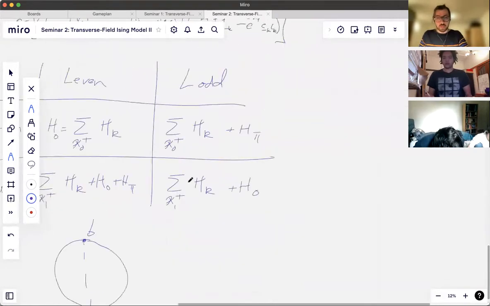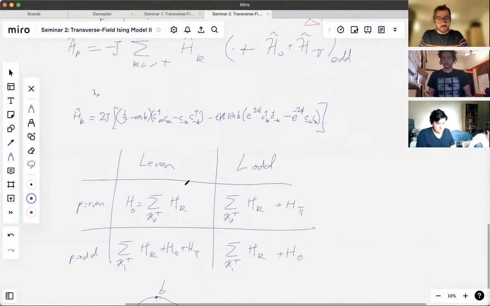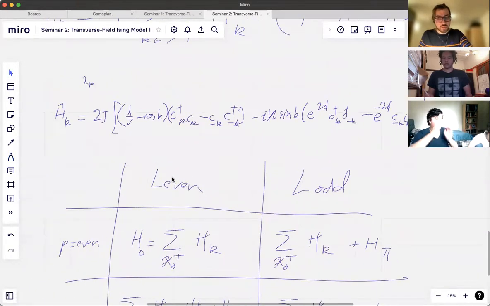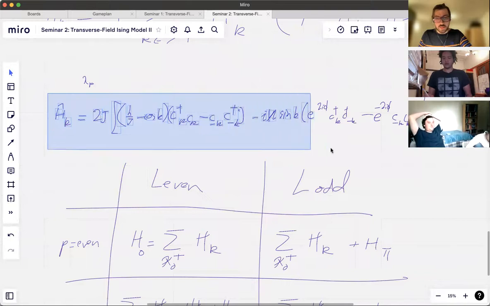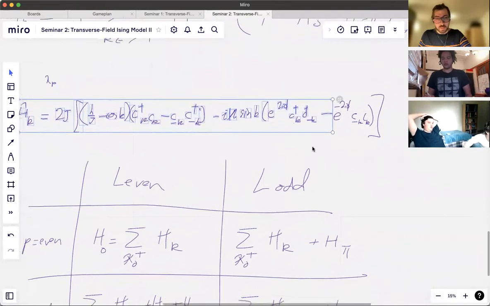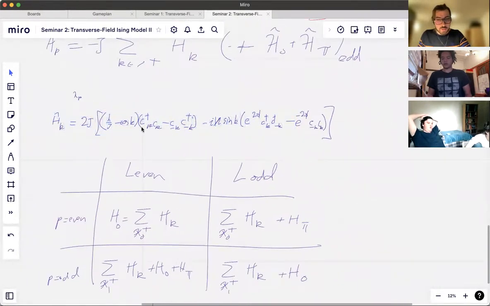Cool, but yeah, that's honestly not that interesting. What's more fun is to think a bit harder about what this HK is actually doing, because we've just been shuffling operators so far, but we haven't really thought about how this acts on the Hilbert space.